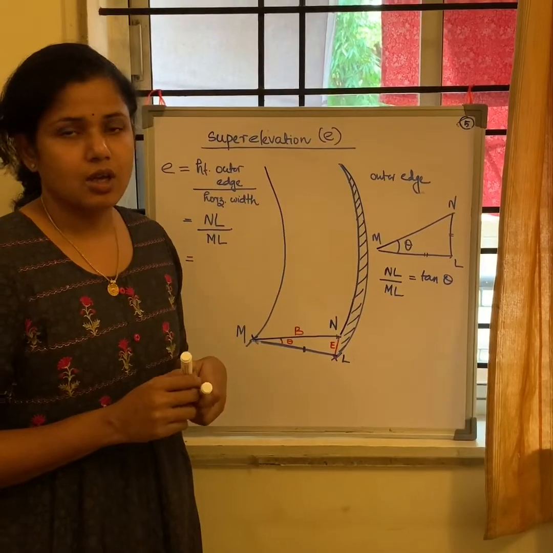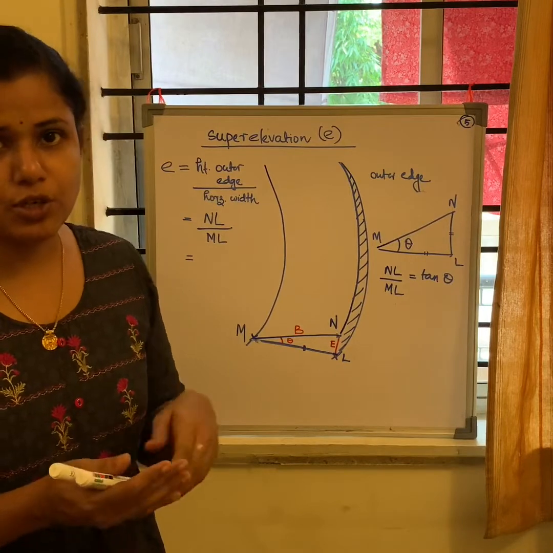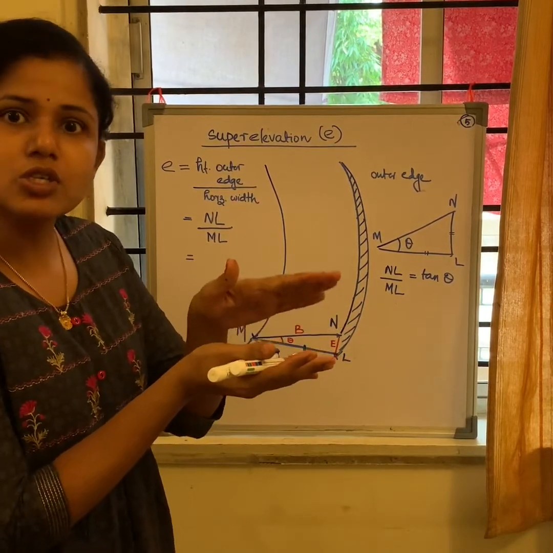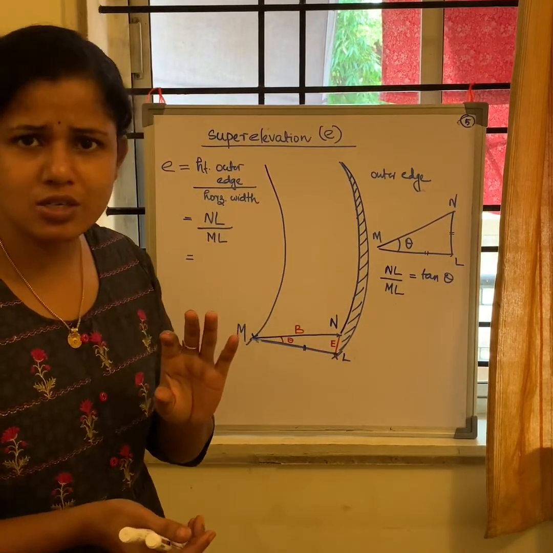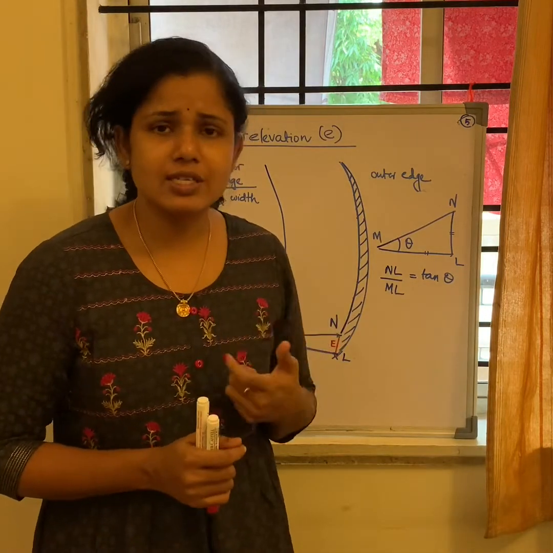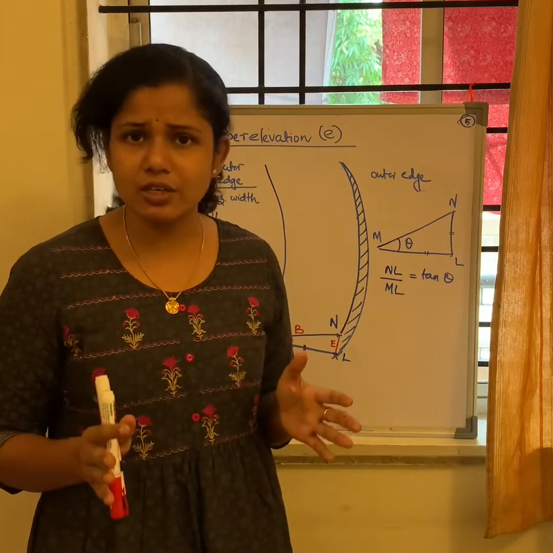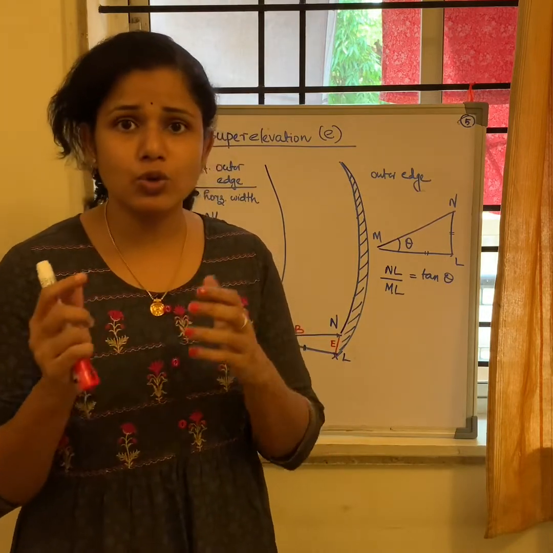In practice, we have limitations in providing superelevation. You cannot provide a very steep inclination, so there are some constraints. In a later session, we will see the maximum and minimum superelevation values under different terrain conditions. I don't want to complicate it now.